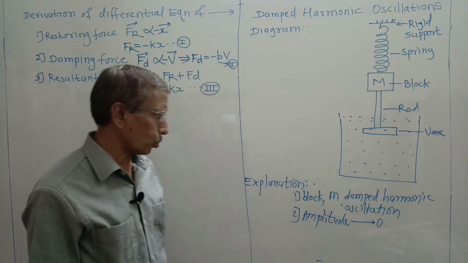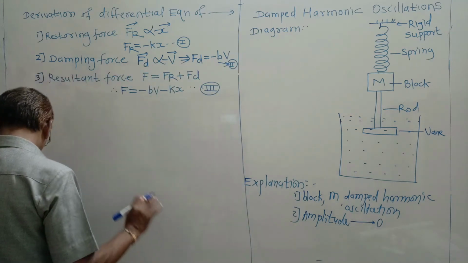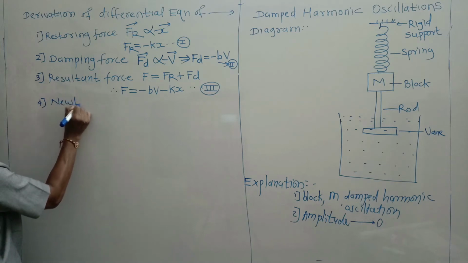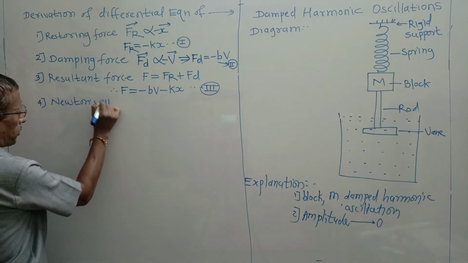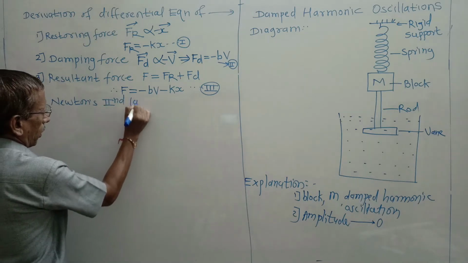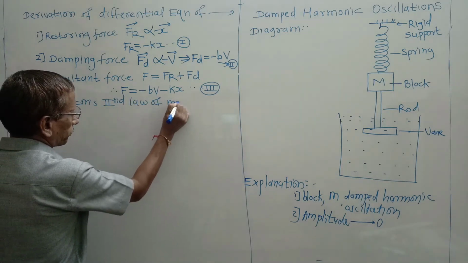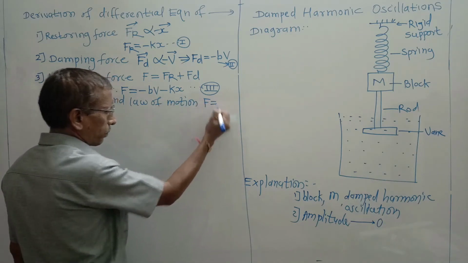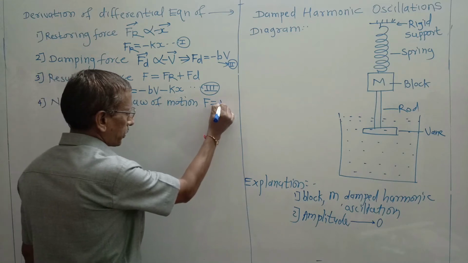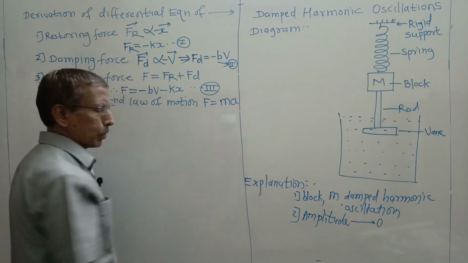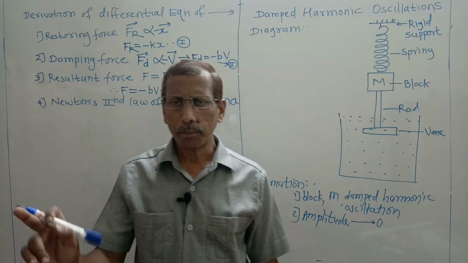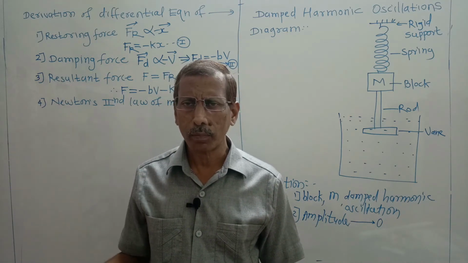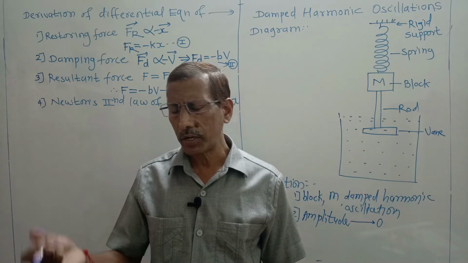So according to Newton's second law of motion, we can write the resultant force. F is directly proportional to dp by dt, the rate of change of momentum, and the constant of proportionality is 1.